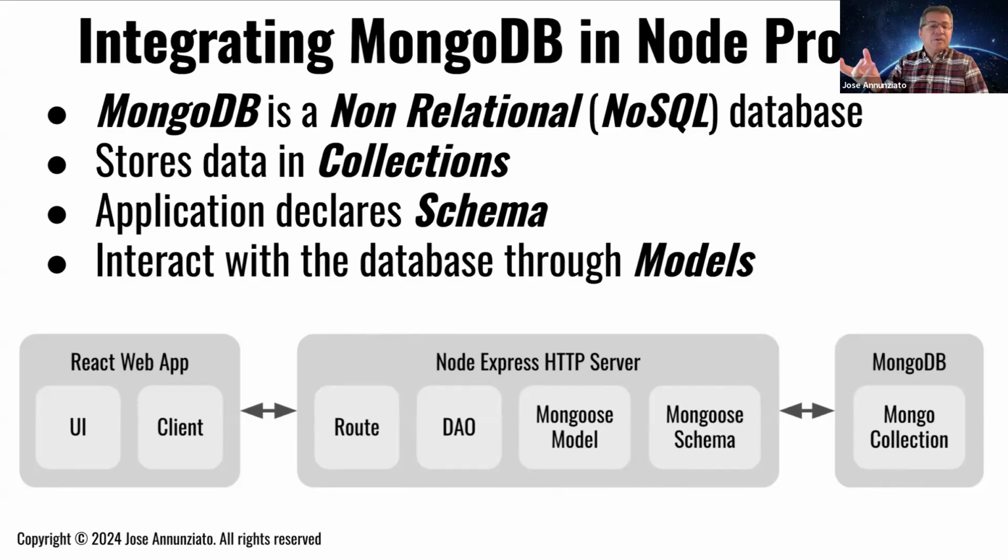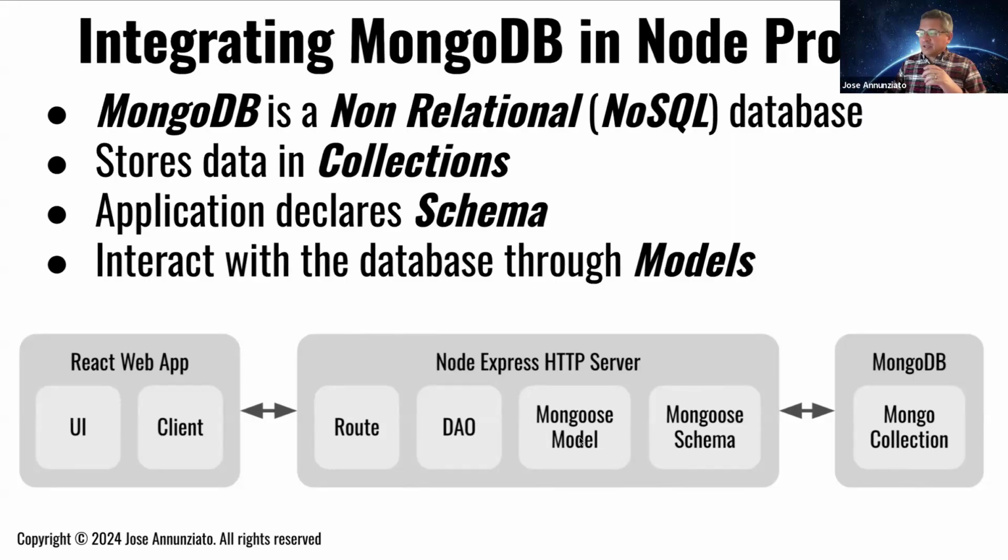This is equivalent to what in a relational database you typically have as an ORM, an object relational mapping library, like JPA, or one of these libraries that take an instance object in Java or C# or whatever, and then do the mapping into a record in a database. And then you have all sorts of functions in these ORMs to talk to the database, to insert, to update, to delete, to interact with the database.